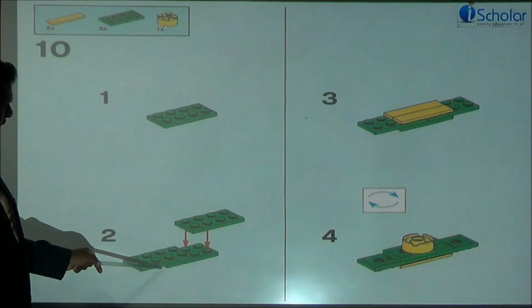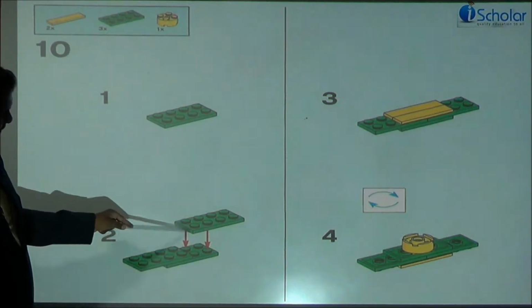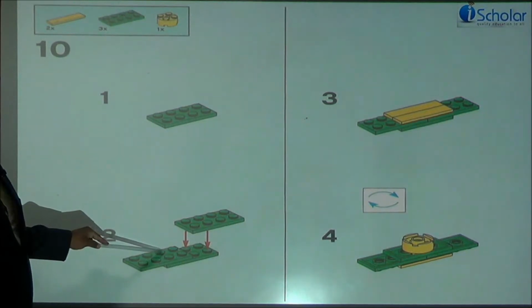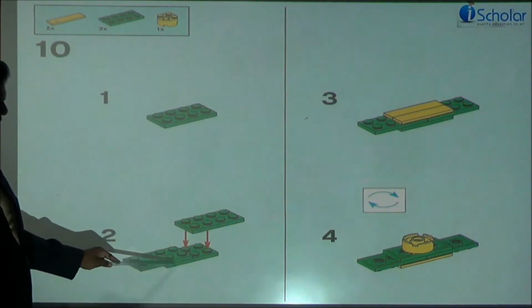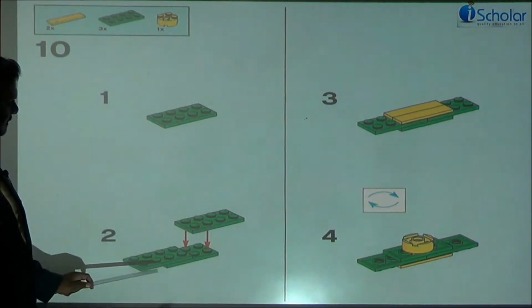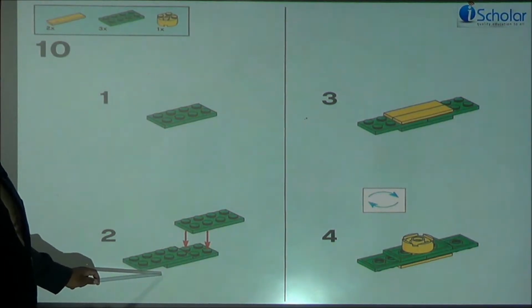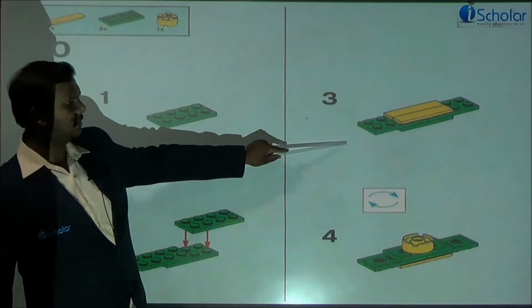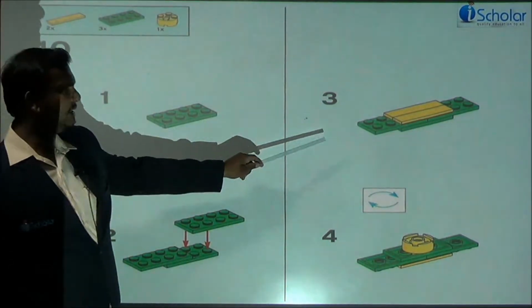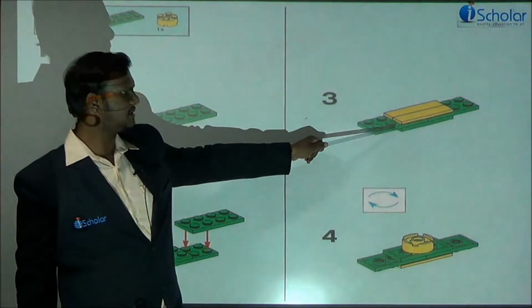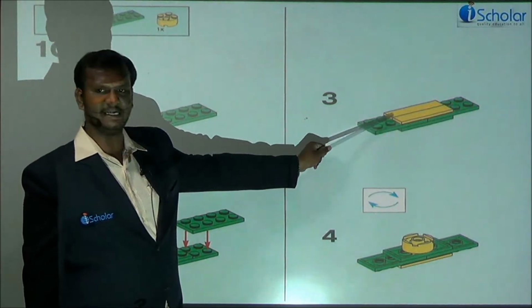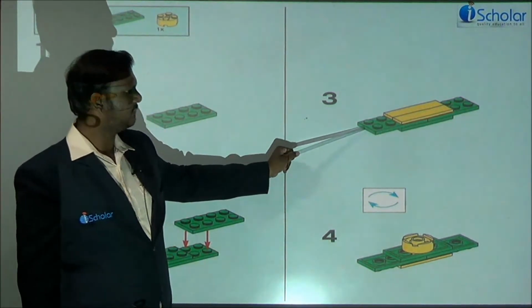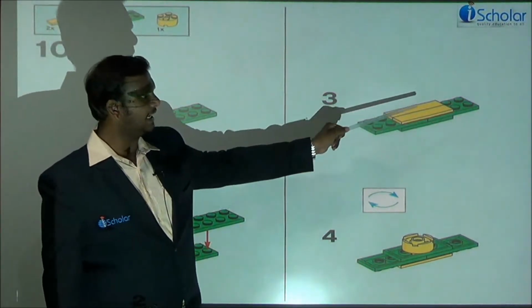First underneath one, and on top of that just insert the other remaining 2 green blocks, such that you will have this particular image. So once you have completed this, in step 3 what we have to do, we have to take the 2 supporting beds and place them at the center, leaving the 4 dotted gap here, this side and that side.